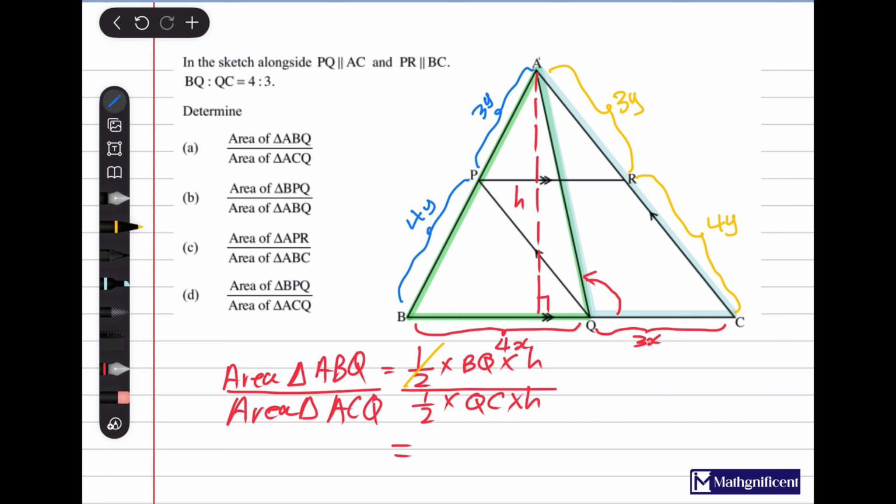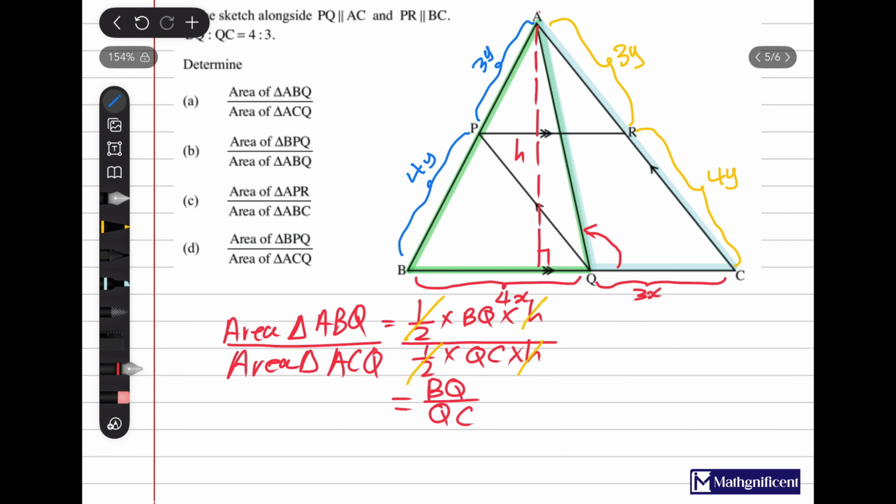Then the 1 over 2 cancels out with the 1 over 2, and the H cancels because they are the same. We are left with BQ over QC. BQ is the base of the first triangle and CQ is the base of the second triangle.